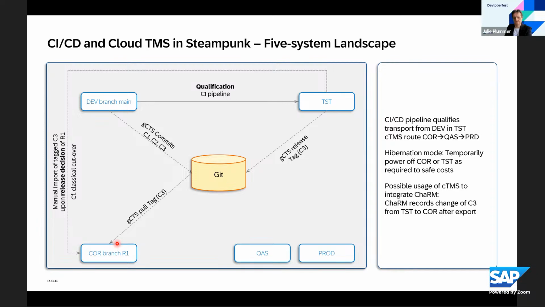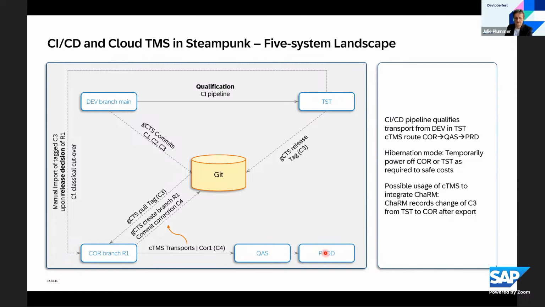When we're done with that, typically the developer will create further corrections in the release branch and will commit those. We'll push those to the Git repo. What also happens, of course, is that when you're happy, you will transport those corrected systems into QAS, run your tests, and then to production when you're happy.